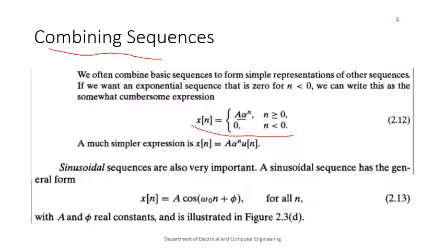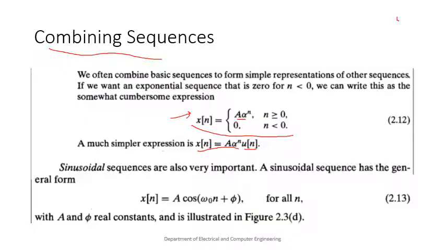But here we have a restriction on n, that n must be greater than or equal to 0. So I can combine alpha to the n with u of n, because u of n is on the positive side only.